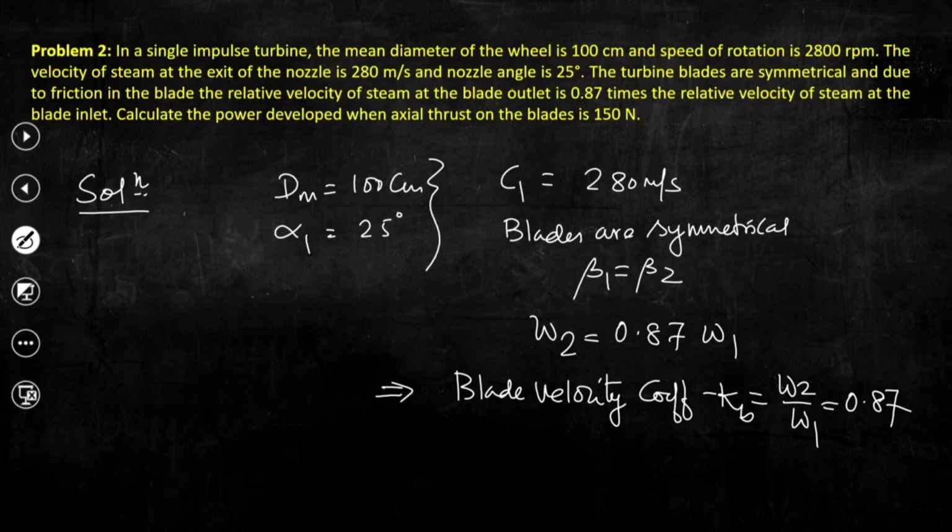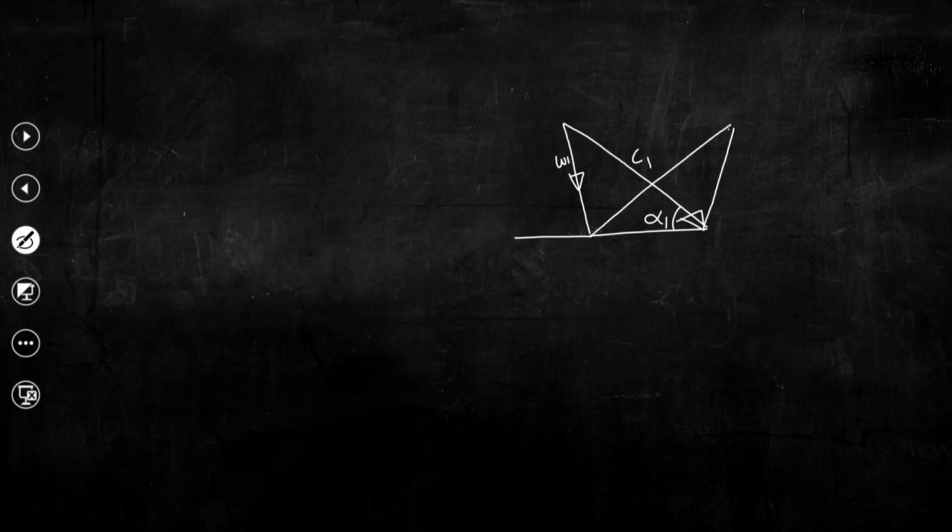So, what we can do is again draw the velocity triangles. This is C1, this is W1, this is alpha 1, this is C2, this is W2, this angle is beta 1, this angle is beta 2, and this is alpha 2.